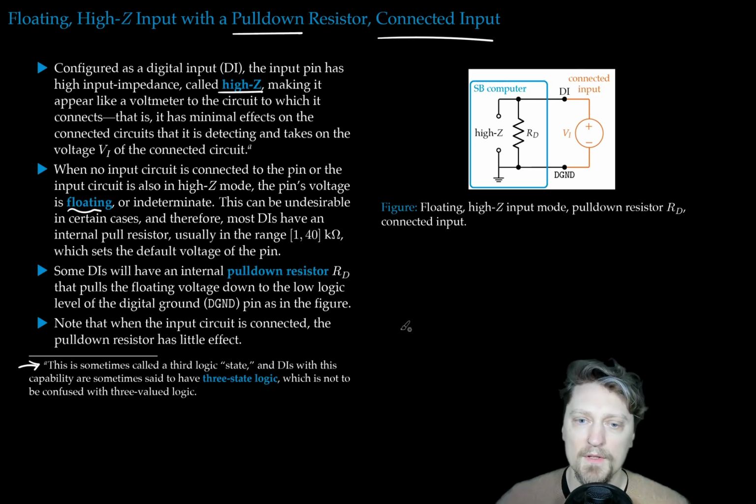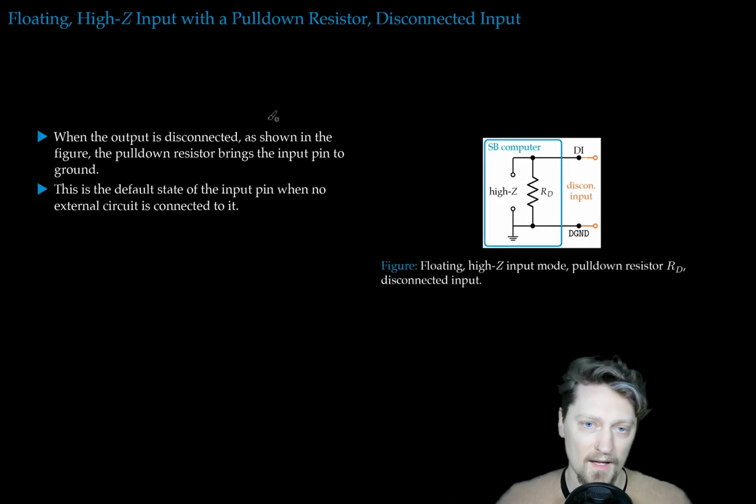Note that when the input circuit is connected, the pull-down resistor has little effect. So this is a high enough resistance that whatever is asserted here with a connected input overwhelms this default connection between the digital input and the digital ground. It's only when the connected input is disconnected that that pull resistor has a significant effect. When the output is disconnected, as shown in the figure, the pull-down resistor brings the input pin to ground.